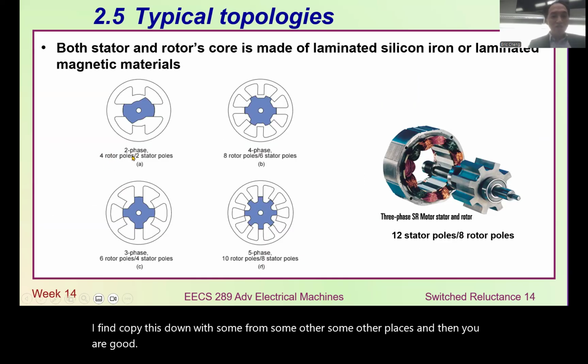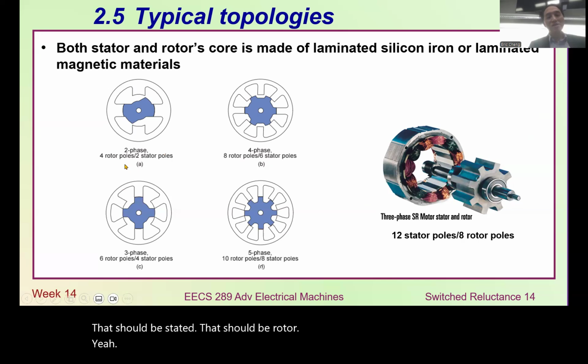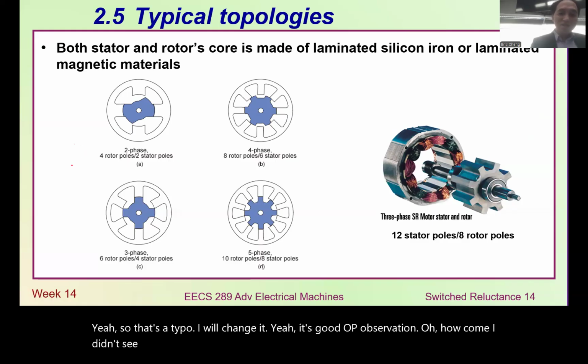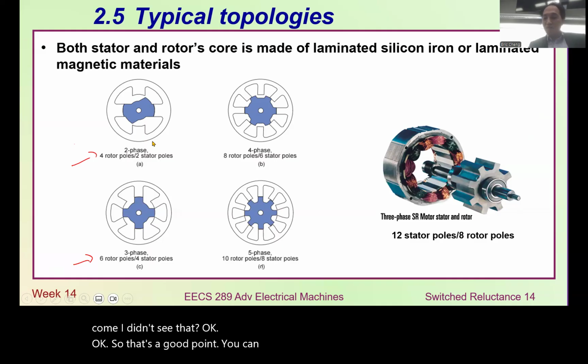That should be stator. That should be rotor. Yeah, both stator to rotor. So that's a typo. I will change it. That's a good observation. How come I didn't see that? Okay. So that's a good point. You can observe that.